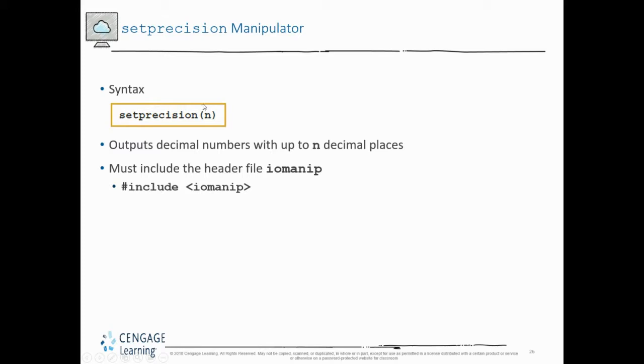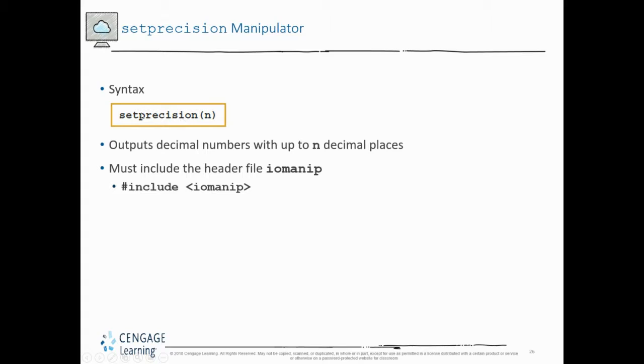Normally it'd just be setprecision, open parenthesis, 2, close parenthesis. That will always output decimal numbers with up to that number of decimal places. To use it, you have to have the pound include iomanip. You will definitely be doing this in your chapter 3 programming exercises.